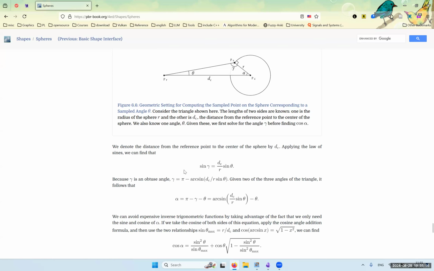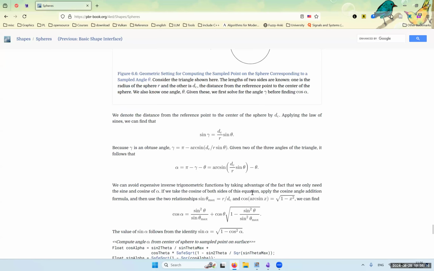We can avoid the expensive inverse trig function by taking advantage of the fact that we only need sine and cosine of alpha. We take cosine of both sides of the equation, applying the cosine angle addition formula.